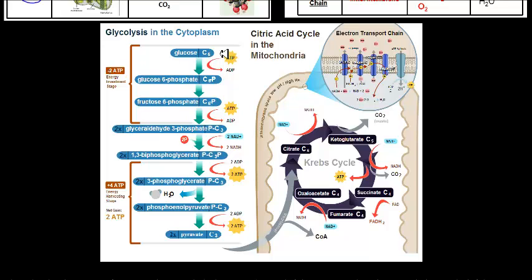So you can see we use 2 ATPs to break this down. It actually produces 2 ATPs, so it knocks those 2 out, and then we get a net increase of 2 ATPs through this process.